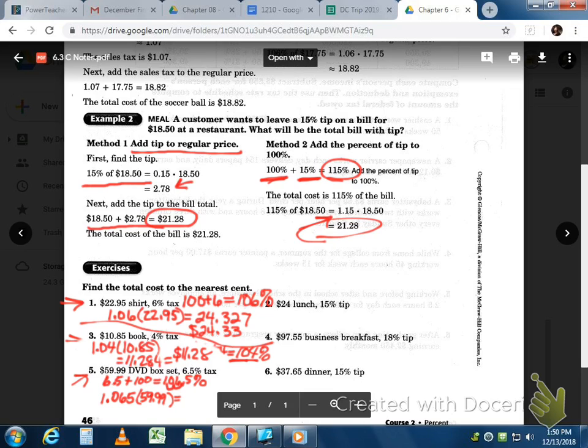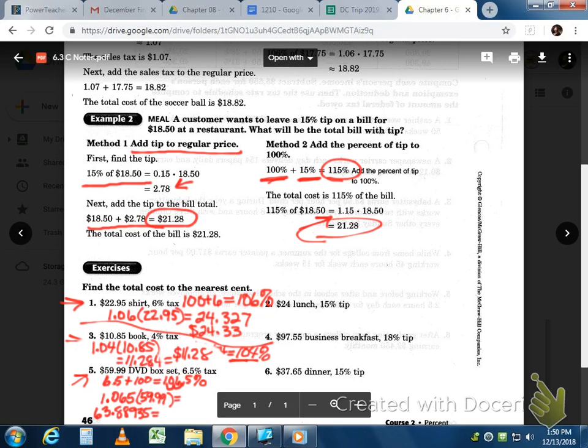Okay, now, when I multiply this on my calculator, Andrew, 1.065 times $59.99, are you ready for this? It is 63.88935.